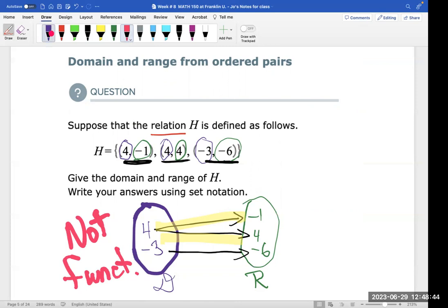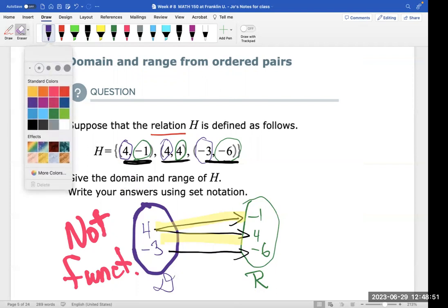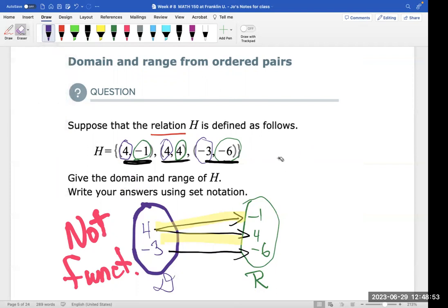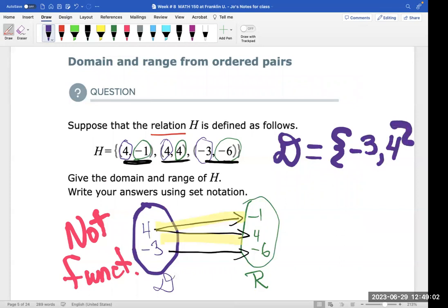All right. They're asking me now for the domain and range. So my domain is the set of all numbers, and we usually write them from smallest to largest. We write them in ascending order. The range is -6, -1, and 4.